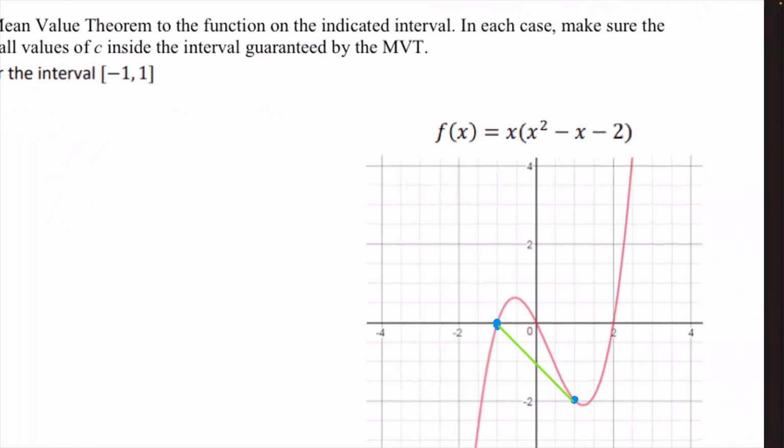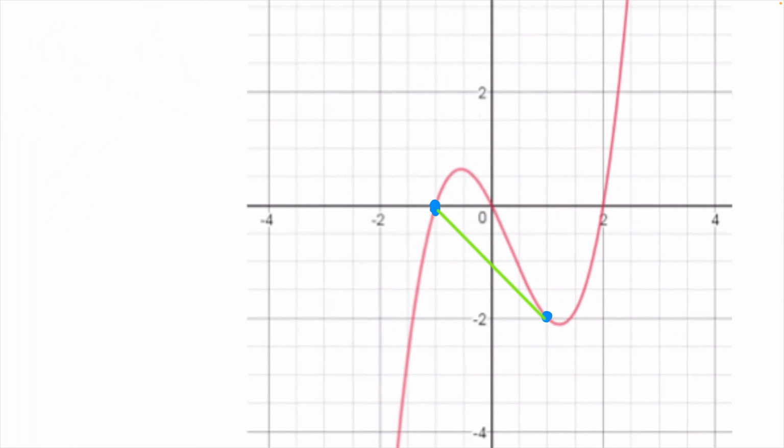So where in between each blue dot would I have exactly the same slope? That's what it's asking. Where would I have exactly the same slope on the blue highlighted part as the green?